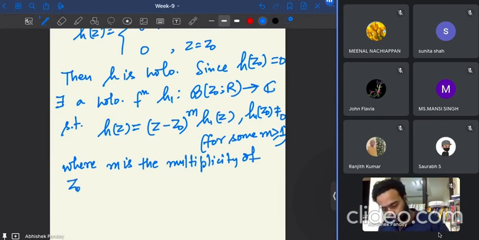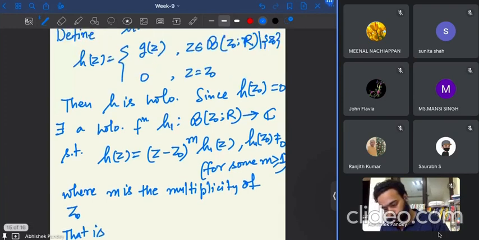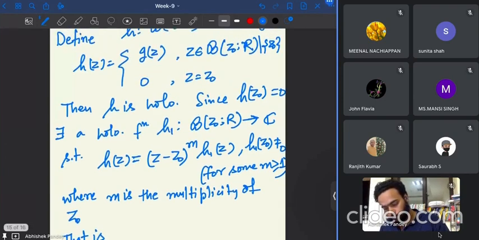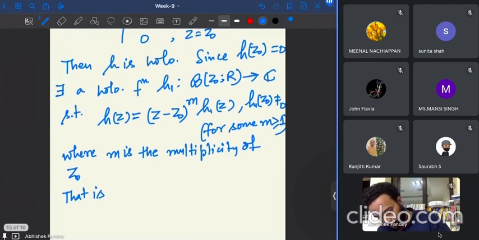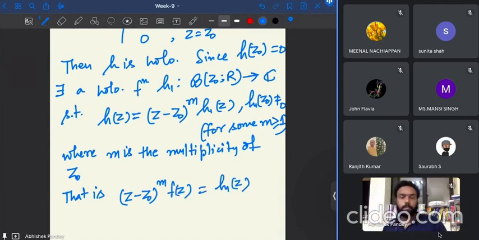Now what does it mean? So what is h of z? h of z is basically 1 upon f of z. So if you write like this, (z minus z naught) to the power m into f of z is equal to h1 of z. What does it mean?